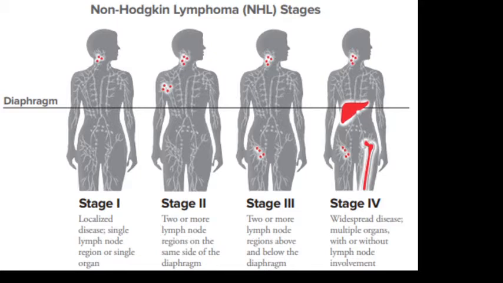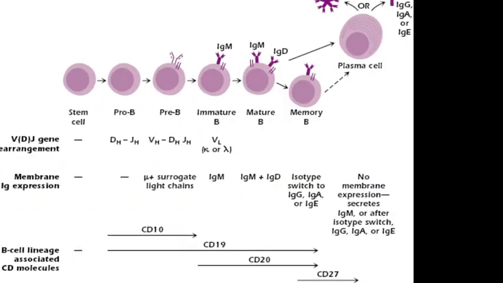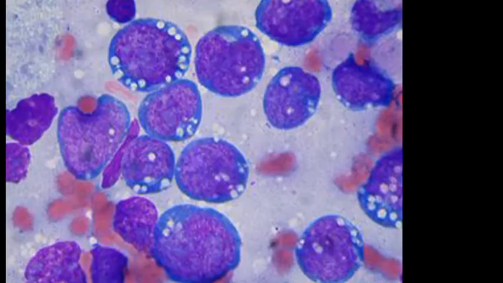Stage 2, two nodes will be there above the diaphragm, and stage 3 is both above and below. And if it occurs with extranodal manifestation, it is stage 4. See here, CD20 occurs in the later stage, so we have to check it later.